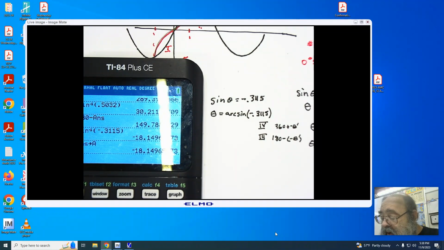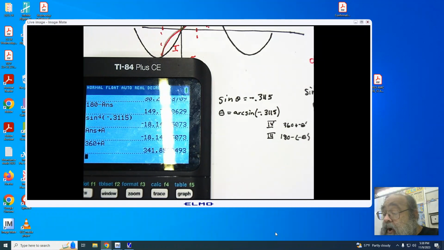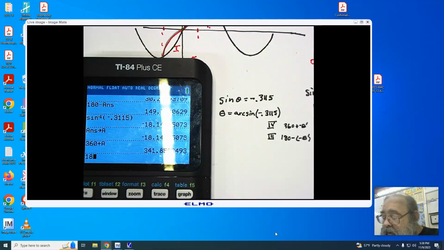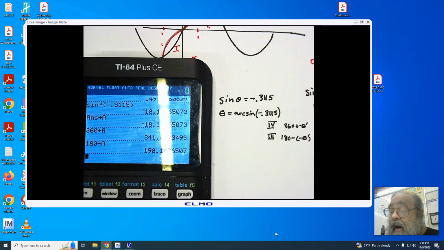Now I'm looking at 360 plus alpha A, and there's my first answer in the fourth quadrant. In the third quadrant, I have to take 180 minus alpha A, and I get my answer in the third quadrant. These are now the two solutions that I'm trying to write.